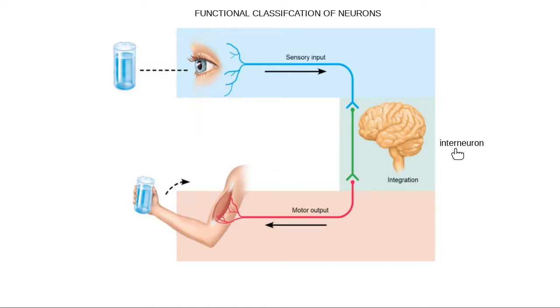Interneurons process it or predict how to respond or integrate that information. And then our motor neurons start muscle movement or control and regulate muscle contraction. That's the kind of thing that motor neurons do.